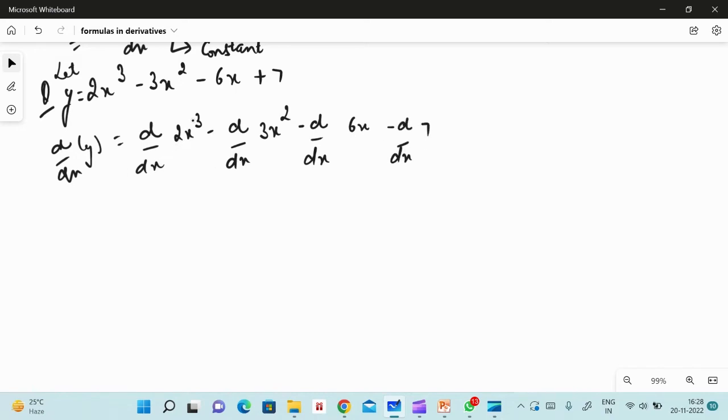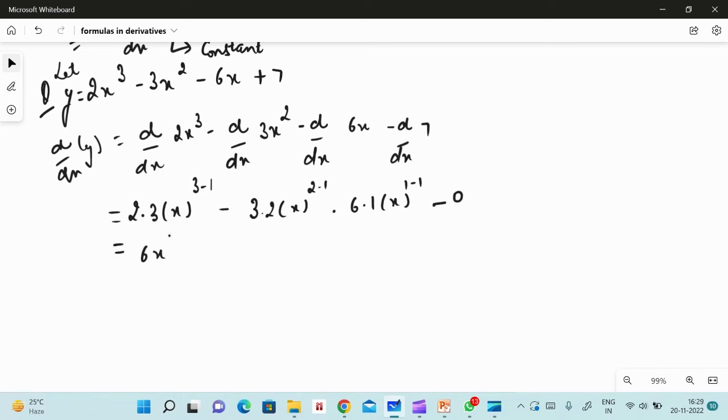So here this is x power n, right? We have done it earlier as the first formula. So what I will get is 2 into 3 into x power 3 minus 1, minus 3 into 2 into x power 2 minus 1, minus 6 into 1 into x power 1 minus 1, minus 0 because 7 is a constant.